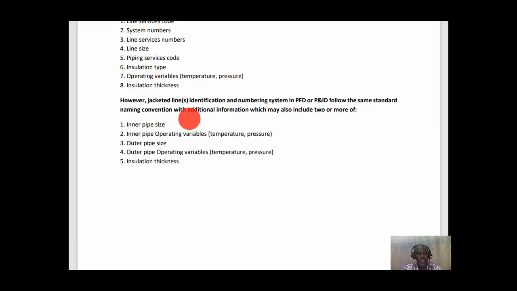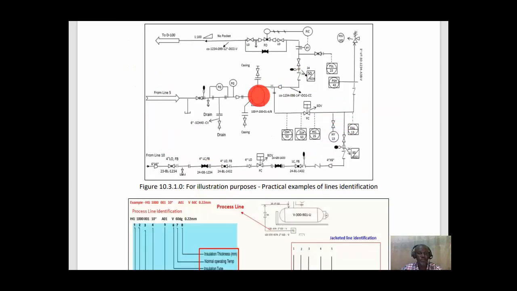However, jacketed lines identification and numbering system in PFD or P&ID follow the same standard naming convention with additional information, which may also include two or more of inner pipe size, inner pipe operating variables, outer pipe size, outer pipe operating variables, installation thickness. For illustration purpose, find here a practical example of lines identification.